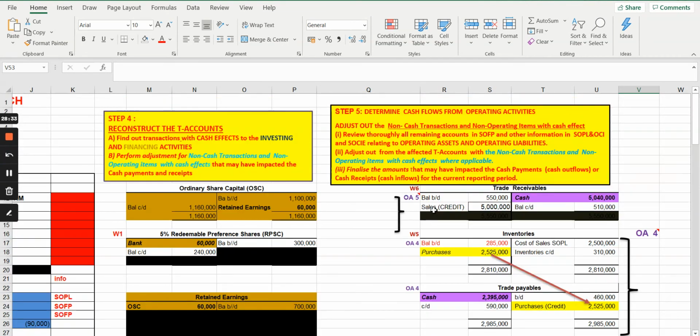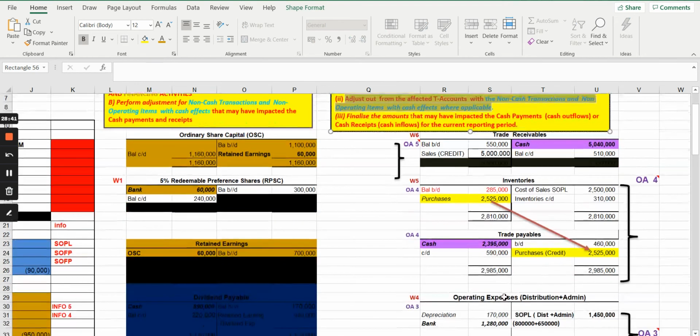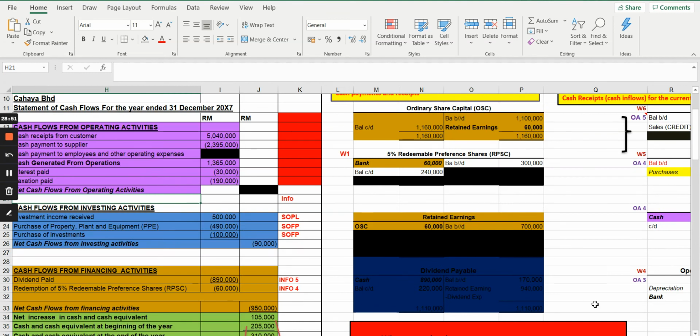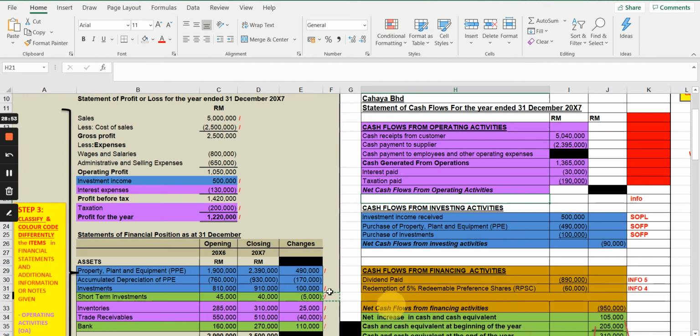So this is under step 5, where I put here adjust out the affected account with the non-cash transaction, right? So this one is our affected account. So the total expenses coming from distribution and admin is 1450. How do you get 1450? Is here in the statement of profit or loss. This one, this two, this two.